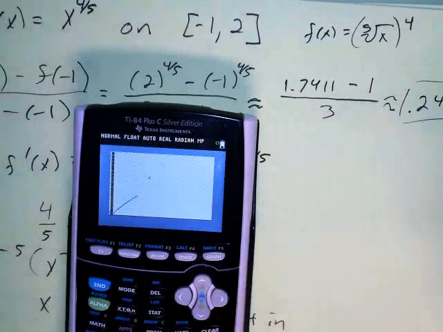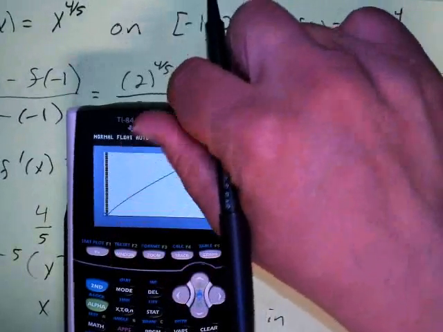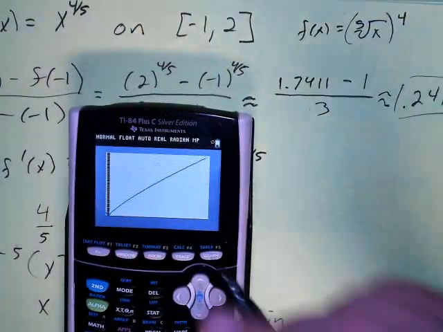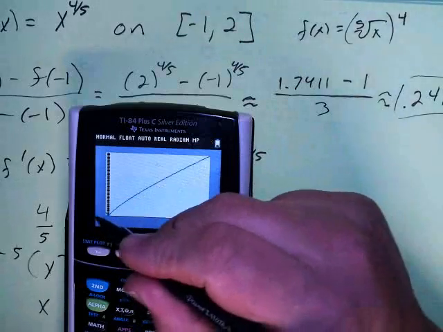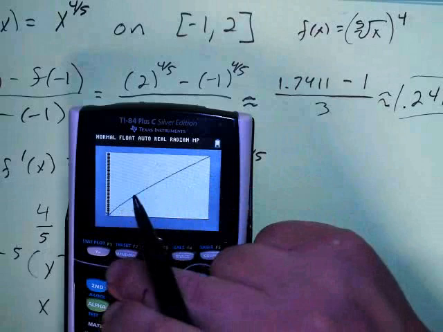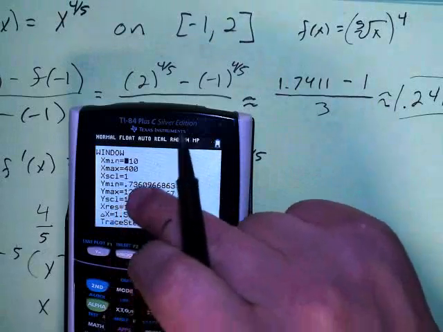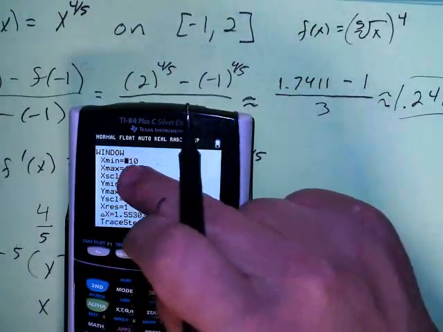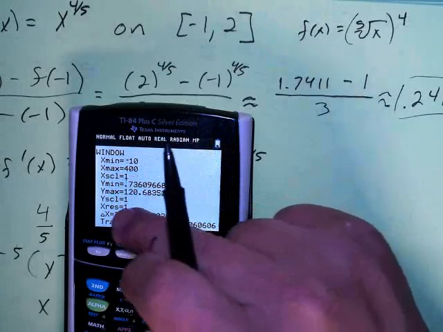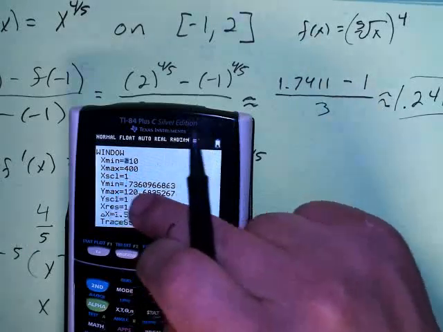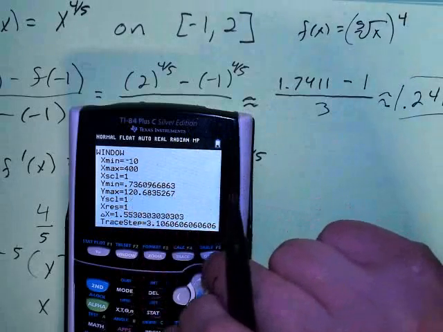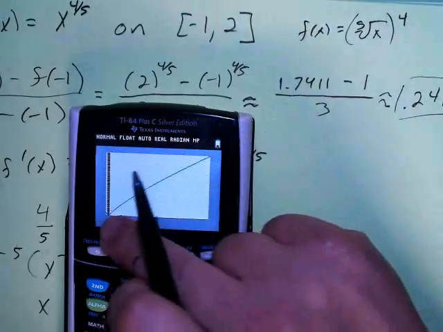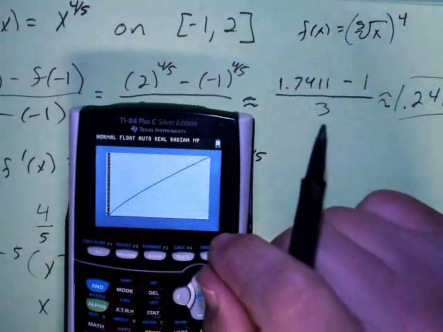So there you go. That zoom fit can be kind of helpful. I get this sharp point, and then it's going up. If I look at my window, I'm going -10 to 400, so it doesn't change my x, but it does change the y so that you get the graph there. That's what zoom fit does: it keeps your x's the same, but changes the y's.